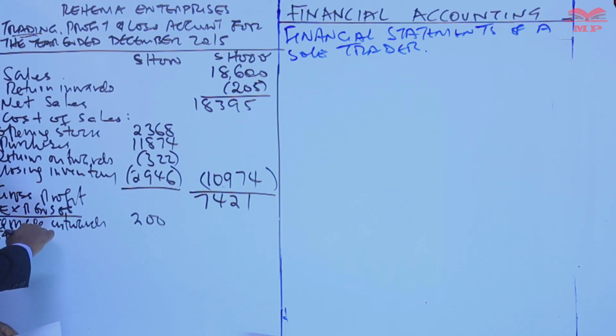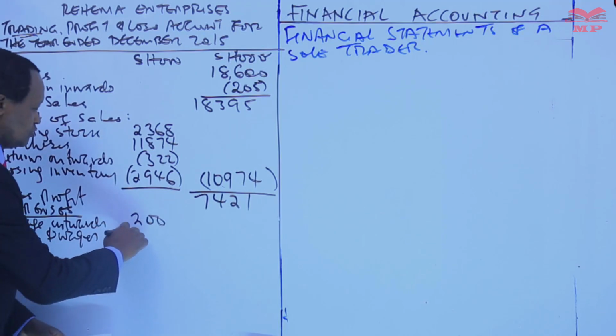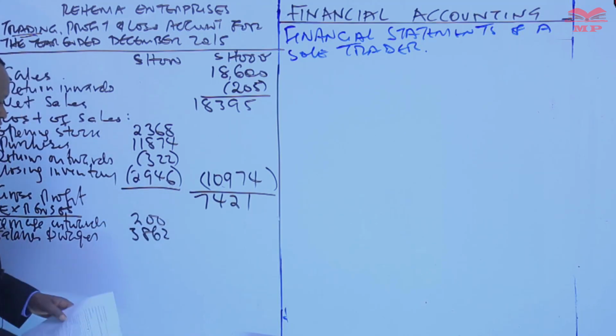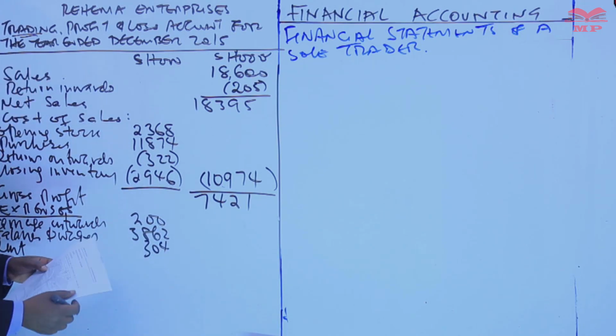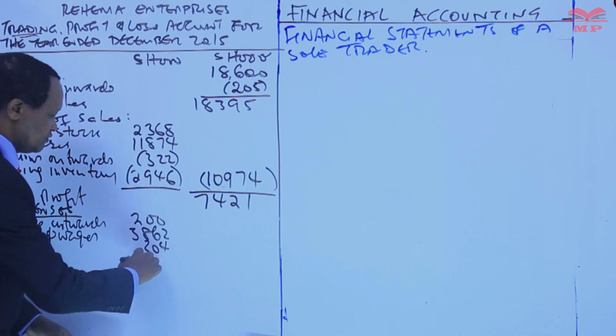Salaries and wages, 3862. That's the value for salaries, followed by rent. Rent is the next expense, 304. After rent, we have insurance. Insurance is an expense, 78.